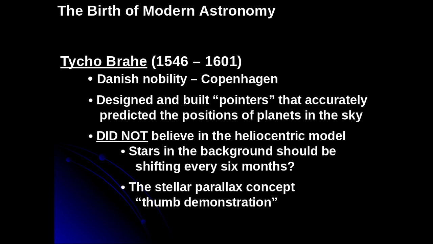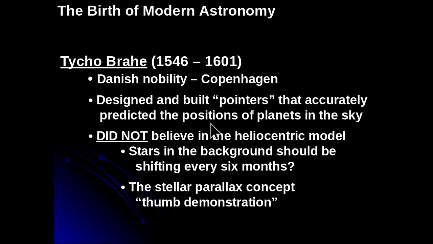Tycho was able to design and build what they call pointers that accurately predict the positions of the planets in the night sky. But based on the design of those pointers, Tycho didn't really buy into the heliocentric models, because he says, according to his pointers, the background stars should be shifting every 6 months.